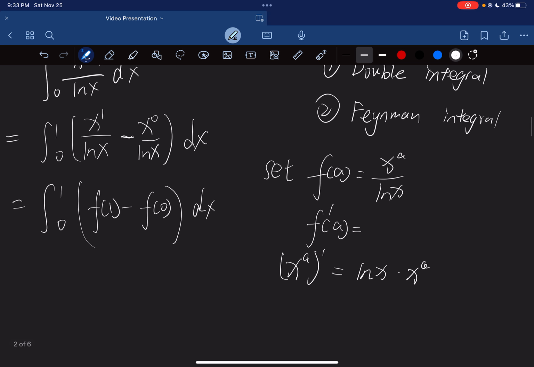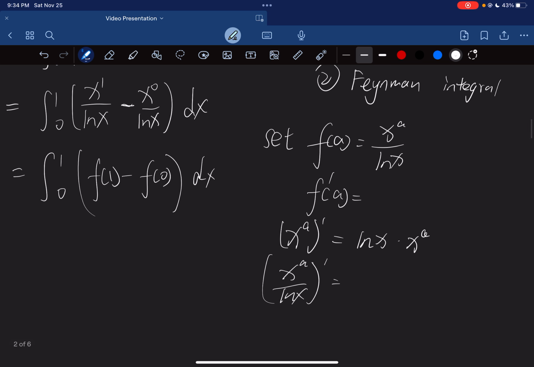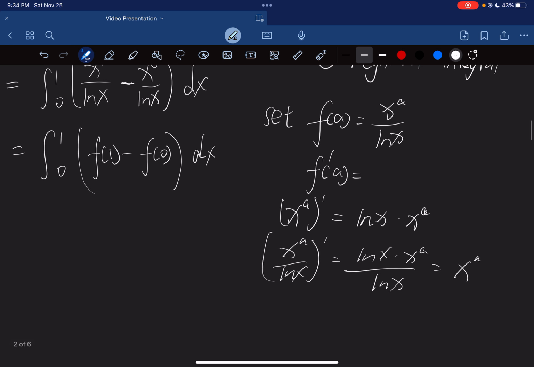In this way, we treat x as a constant, right? So this function's differentiation will be ln x times x power a over ln x, and the answer is x power a.